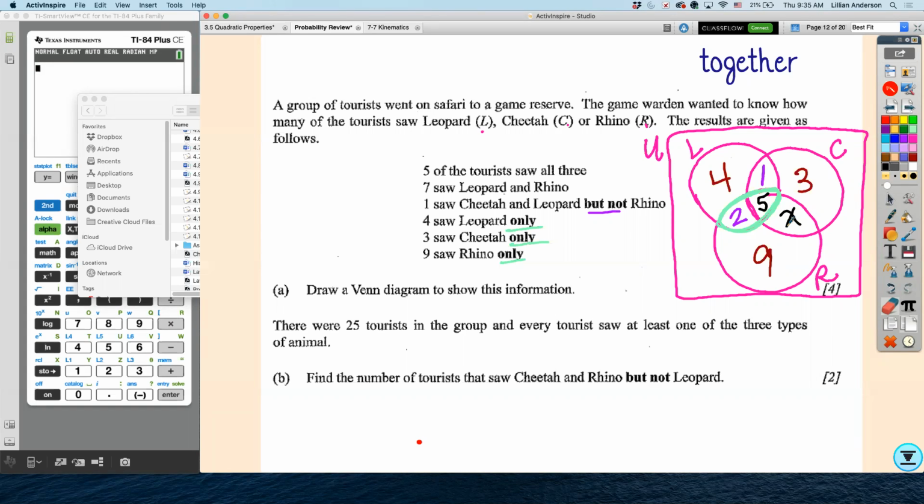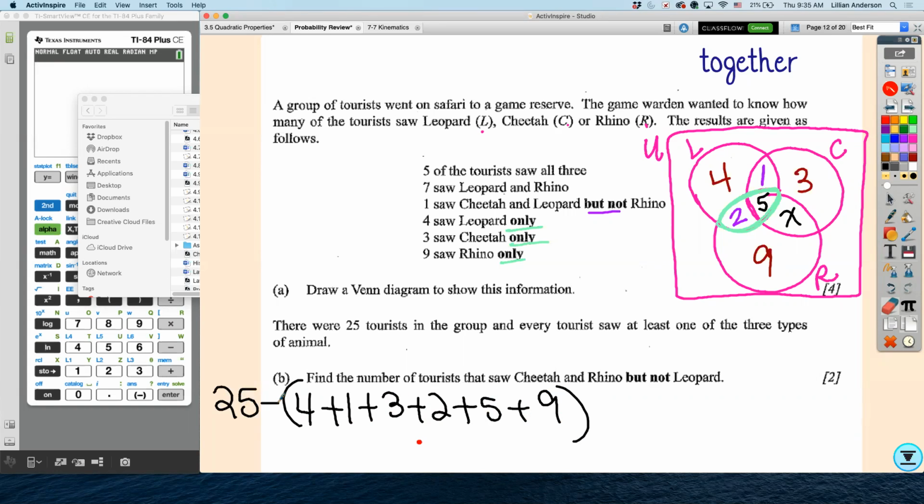You add all the ones that you have, all the sections, and then you subtract that from 25. Because if 25 people saw at least one of them, then there's a certain amount that saw cheetah and rhino, but not leopard. What number is that?